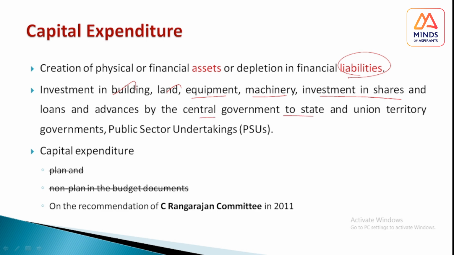All these concepts have an impact on assets or liabilities, therefore they come under the category of capital account. All these are expenditure, the outgoing money. Outgoing money represents the capital expenditure.